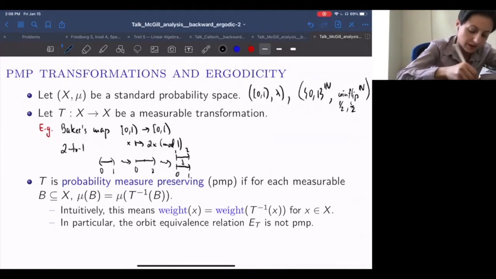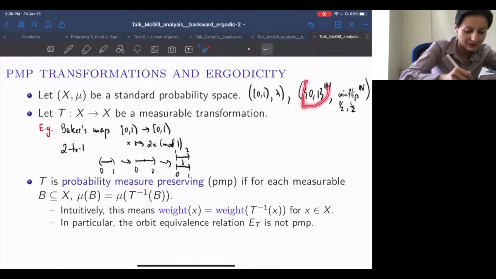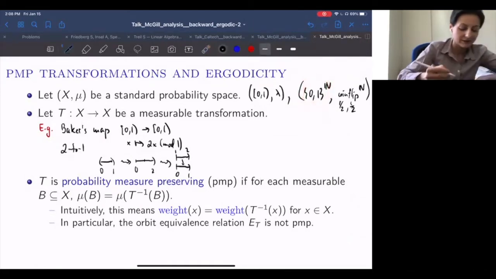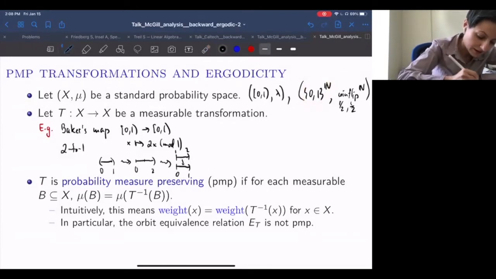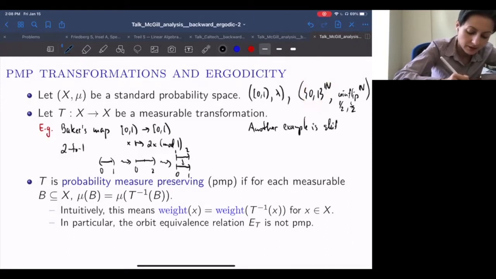Another example, because I like more discrete spaces, like, I mean, not discrete, but at least more disconnected spaces, so that I can do combinatorics on them, is the example of a shift map. Another example is the shift on the 0-1 to the n.